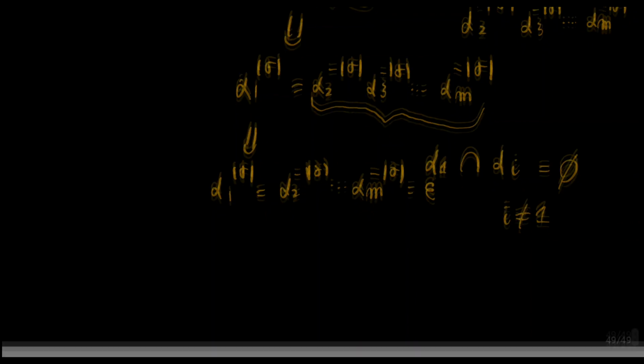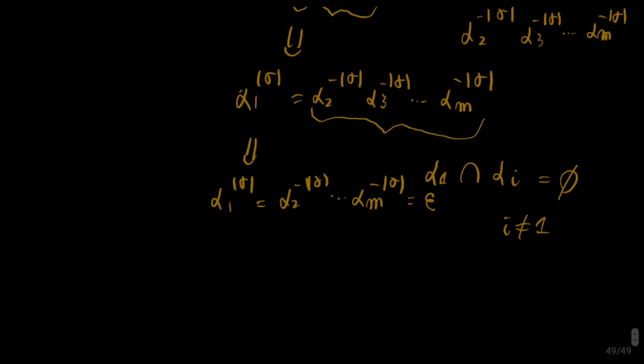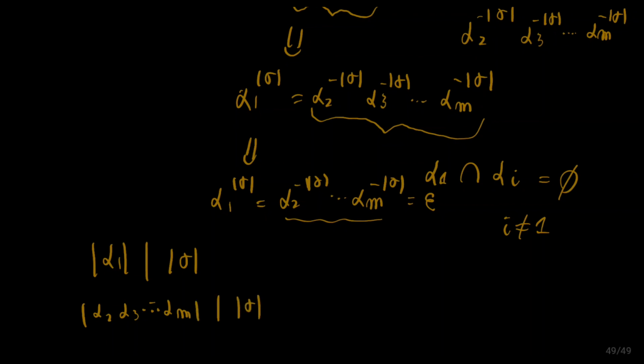Okay, but now what we got is that the order of alpha 1, which remember is its length, must divide the order of sigma, and analogously the order of all this permutation here, which we reduced to a permutation of m minus 1 cycles, must also divide the order of sigma.